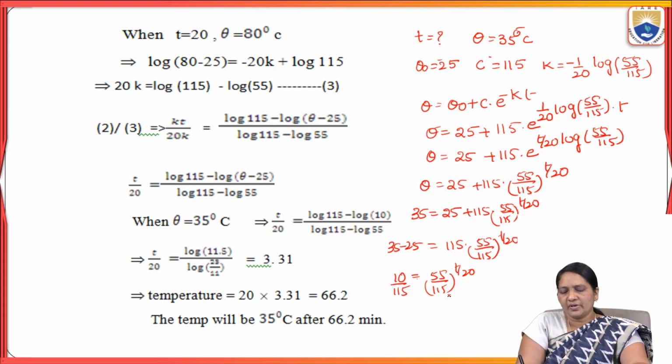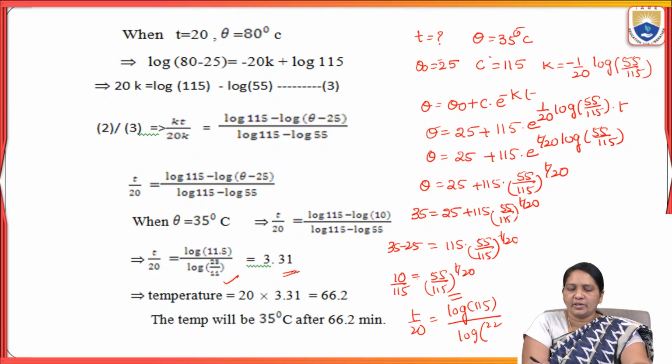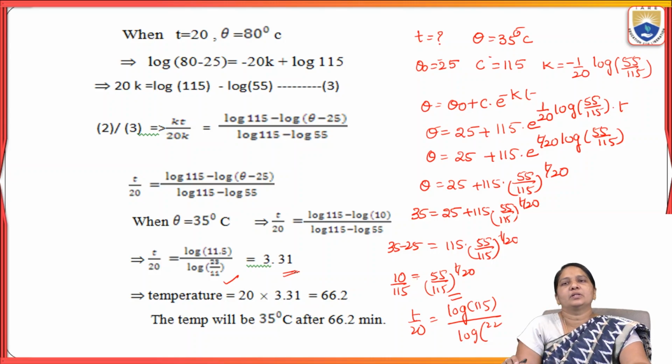So when you are simplifying this equation, we are getting t by 20 here. When you are applying the log, we are getting the value. So log of 115 by, so log of 22 by 11. When you are simplifying this value using the calculator, we are getting 3.31.